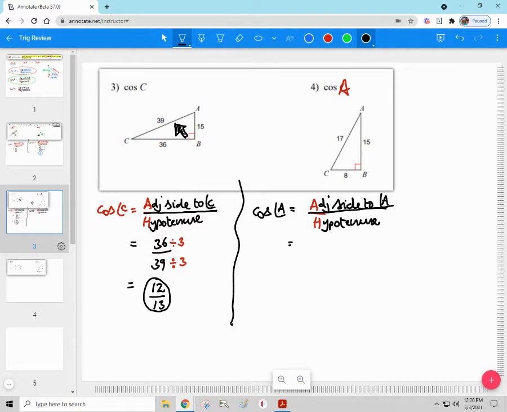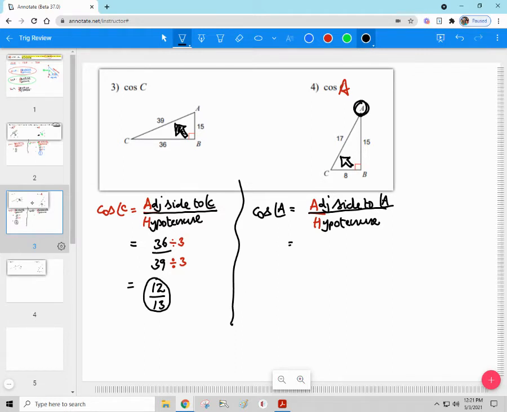What is adjacent to A? Here is angle A. Then, do I have to take this one or this one? Think for a while. Please remember the side opposite to 90 degrees is known as the hypotenuse.